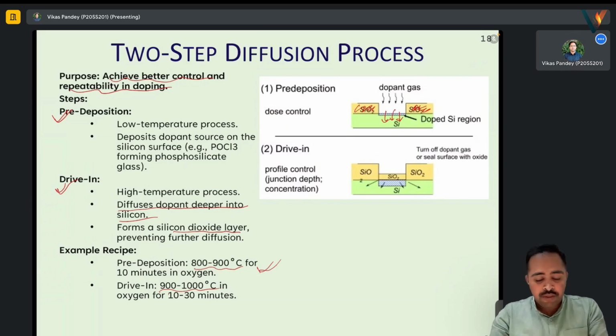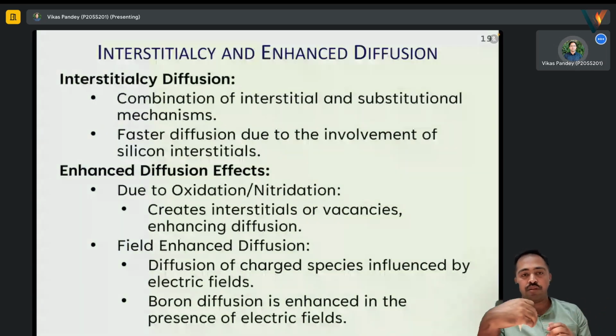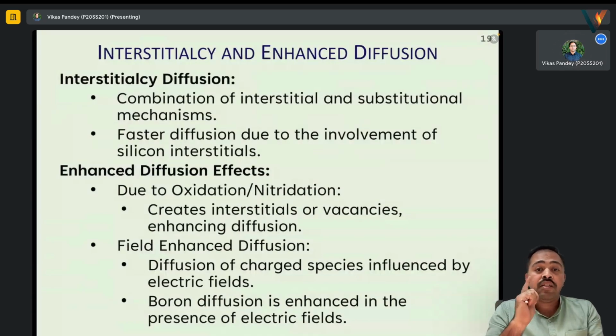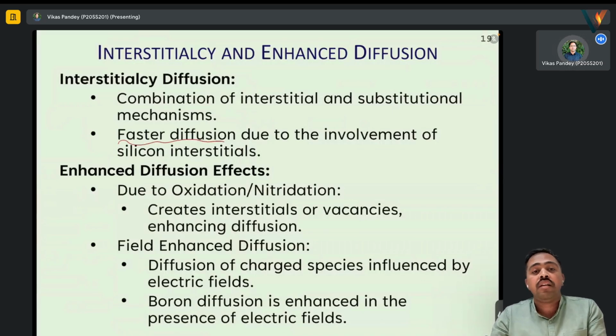Okay, then there is something that is interstitiality and enhanced diffusion. Interstitiality diffusion is a combination of interstitial and substitutional mechanisms. So we have seen that there are two types of mechanism, interstitial and substitutional. So it is a combination of both, and it has the advantage of faster diffusion due to the involvement of silicon interstitials.